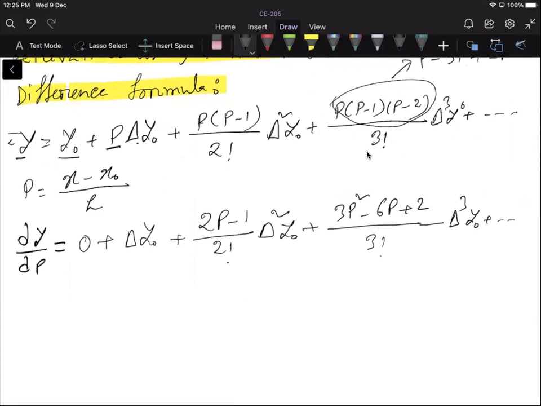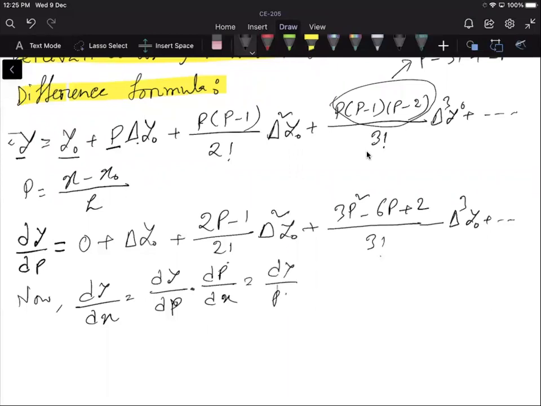Now our target is to find dy/dx, which is dy/dp multiplied by dp/dx. So what is dp/dx? It is d/dx of p, where p = (x − x0)/h.